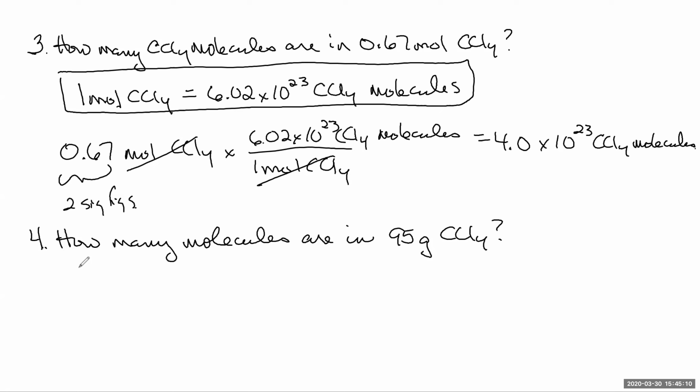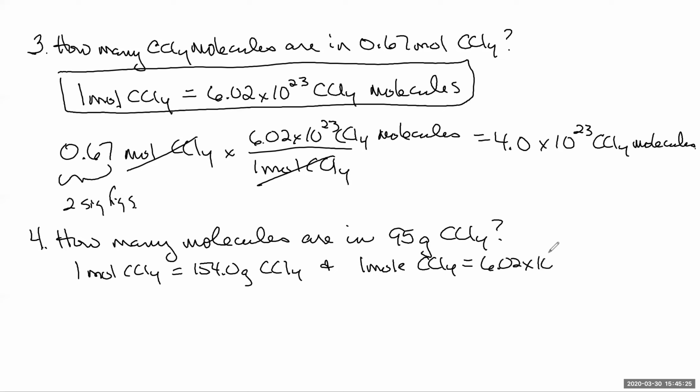We're going to need the molar mass, which tells us that 1 mole carbon tetrachloride is 154 grams of carbon tetrachloride, and the relationship that 1 mole of carbon tetrachloride is 6.02 times 10 to the 23rd carbon tetrachloride molecules. We need to know both of these relationships. 95 grams is our given, so we're going to start there.